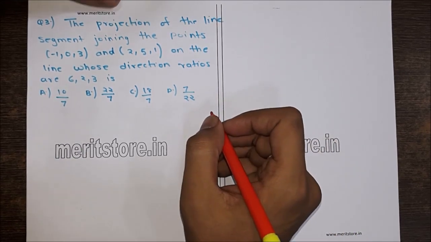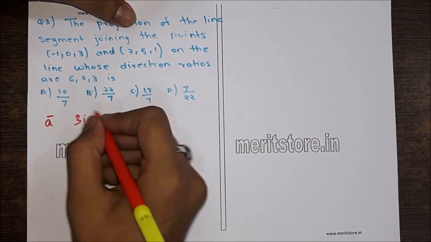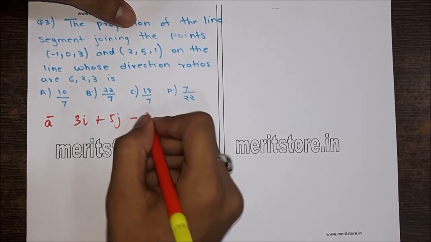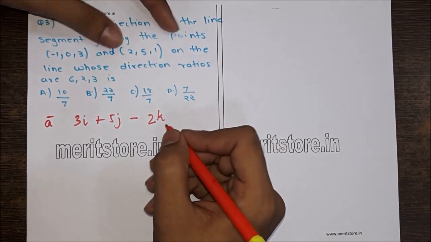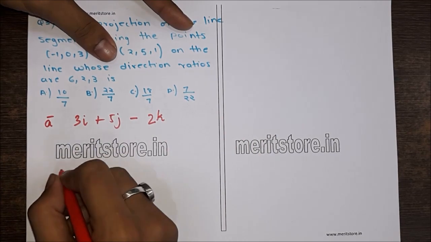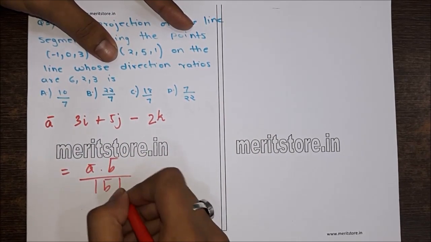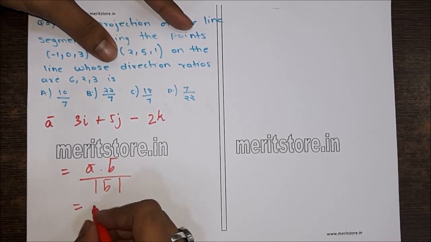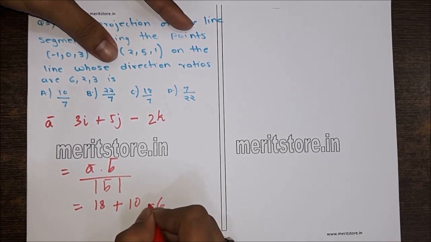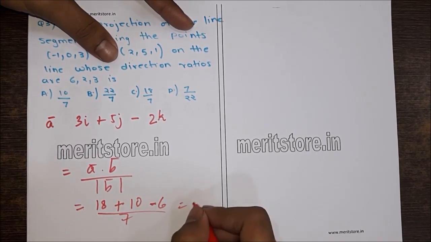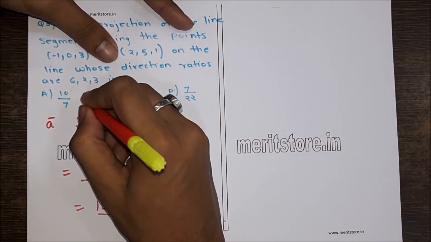Here our vector would be 3i plus 5j minus 2k. So the projection is AB vector dotted with b upon mod b. Simplifying and substituting the values, we get 18 plus 10 minus 6, which is equal to 22 by 7. So our correct answer is option B.